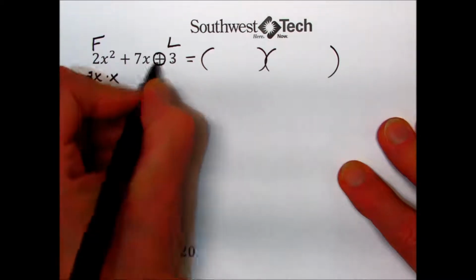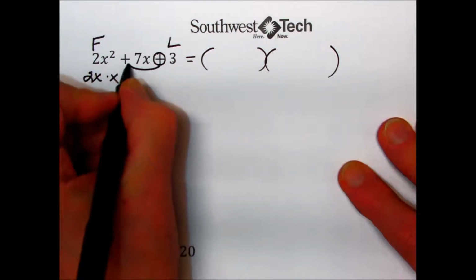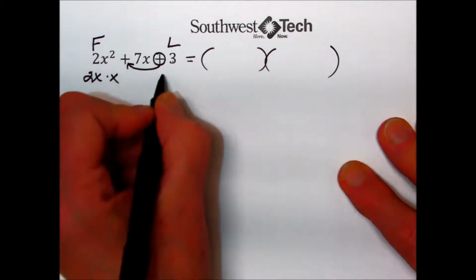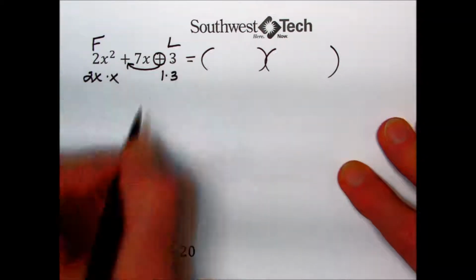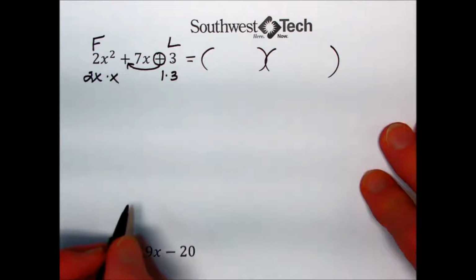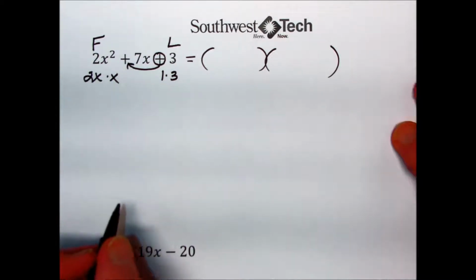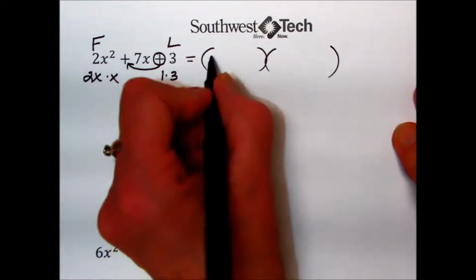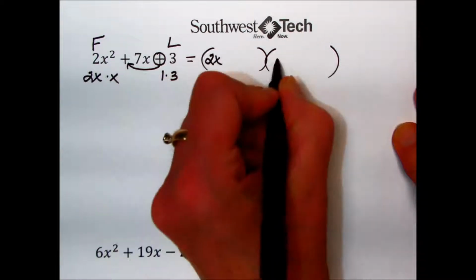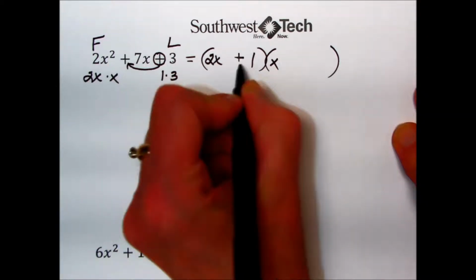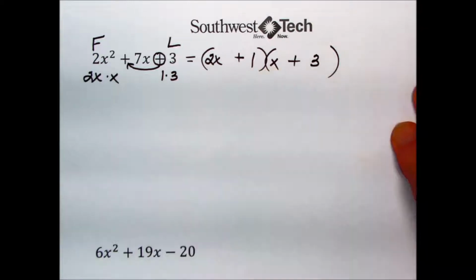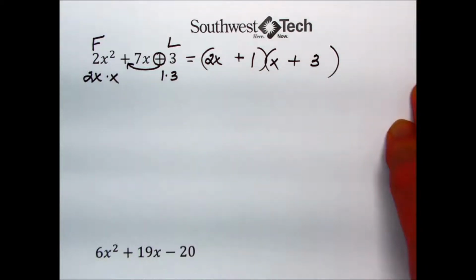Both of them are the same because this is positive, and we look here, they were both positive. So to get that last term, it was a 1 and 3. It's not an automatic just writing those 2x and x and a plus 1 and a plus 3 automatically given.